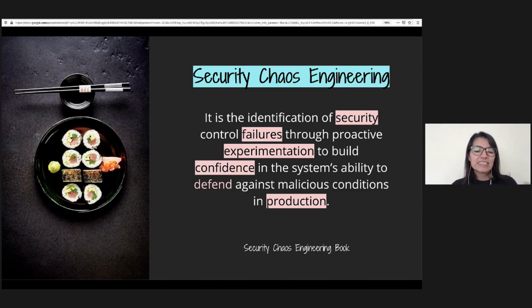Security chaos engineering is the identification of security control failures through proactive experimentation to build confidence in the system's ability to defend against malicious conditions in production. I have highlighted 5 more words: security, failures, experimentation, confidence, and production. This definition was taken from the latest book, published in April this year.